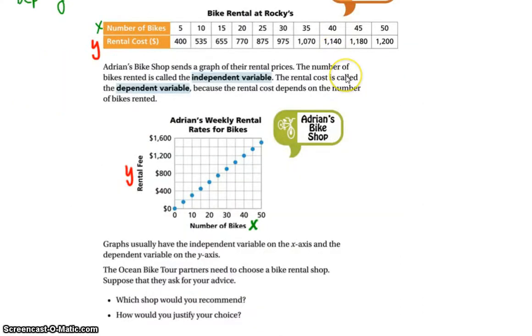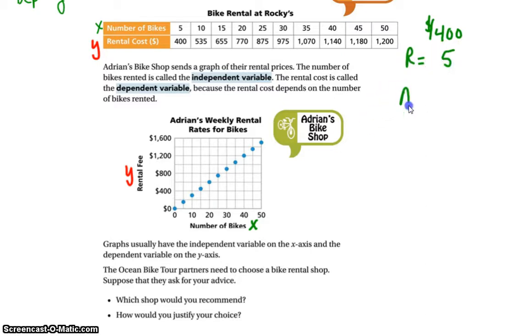So, starting off, let's take a look here. How would we determine what bike shop to recommend? So, let's take a look. If we go up here to Rocky's, we know we can use our dependent variable of money. Okay, in this case, $400 would get us 5 bikes at Rocky's. So I know that $400 at Rocky's is going to give me 5 bikes.